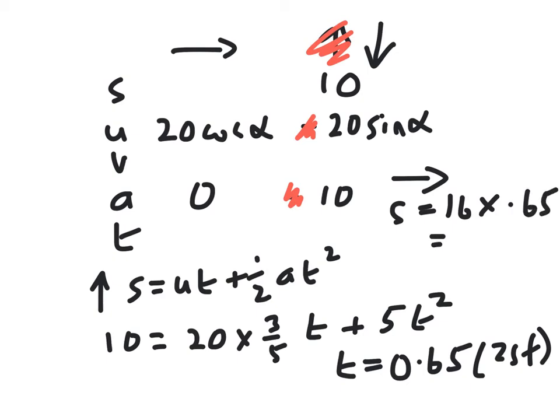So that works out to be 10.4. So the distance from T to Q is 10.4 minus 9, which is 1.4. I made a rounding error there, so that's 10.45, so that's 1.45 or 1.5 to 2 sig figs.